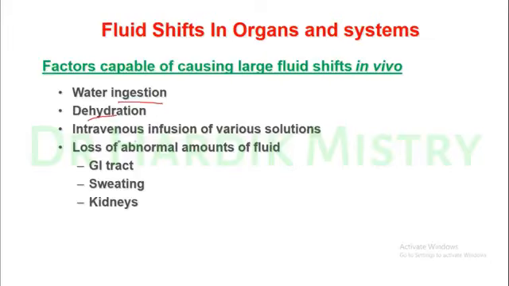Dehydration, intravenous infusion of various solutions, loss of abnormal amounts of fluid from the GI tract in conditions of diarrhea, excessive sweating if the environmental temperature is high, and loss from the kidneys due to kidney damage. So these are the factors capable of causing large fluid shifts in vivo.